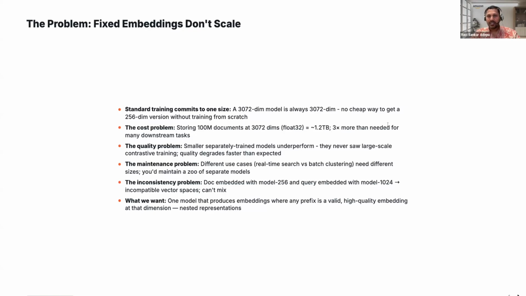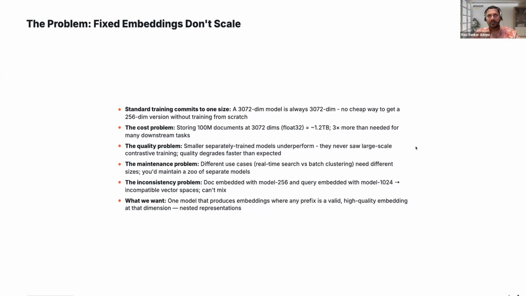And that fixed size is expensive. Storing 100 million documents at 3072 dimensions is over a terabyte, often way more than what we actually need for a task. And you might think, fine, why not just train a smaller model? But what we noticed was that smaller models trained from scratch tend to underperform.